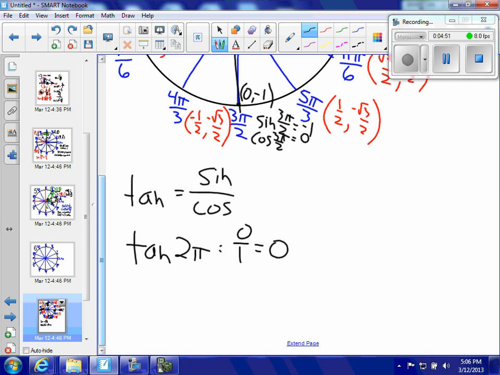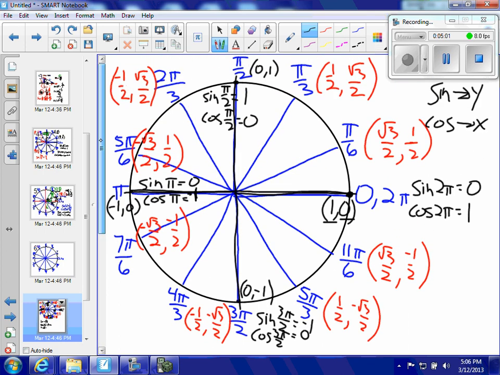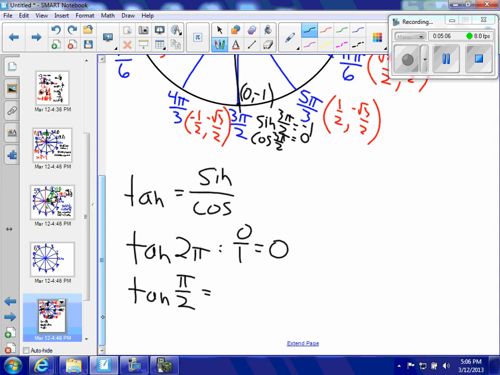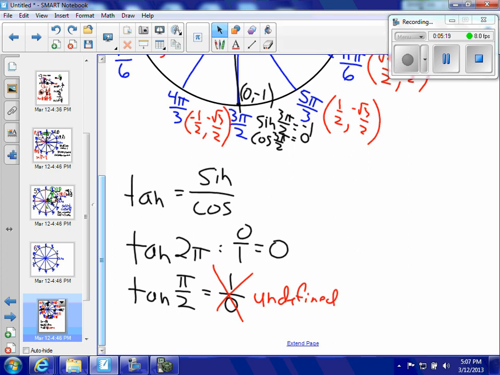No problem. Tangent can be equal to 0. What about my tangent of pi over 2? Well, it's sine over cosine. At pi over 2, my sine is 1, my cosine is 0. Undefined. We'll get into that in greater detail later.